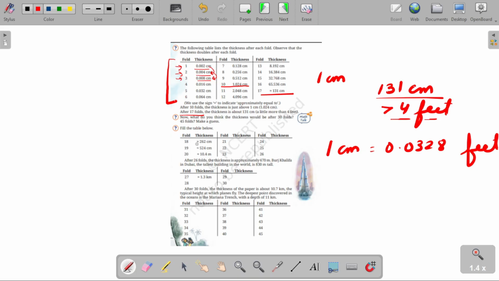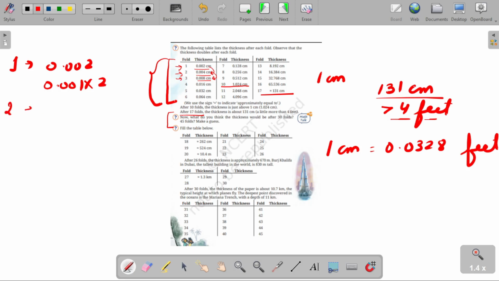Now they are asking, what do you think the thickness would be after 30 folds? Here you need to observe a pattern. In the first fold it is 0.002. How does it come? When we multiply the thickness with 2, because we are doubling it, right?